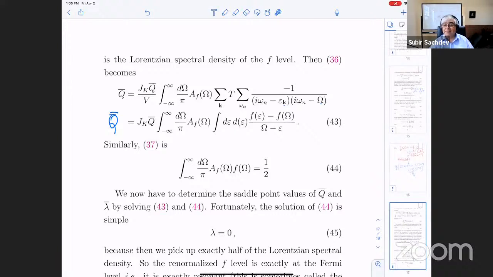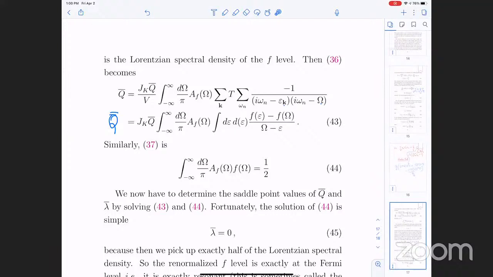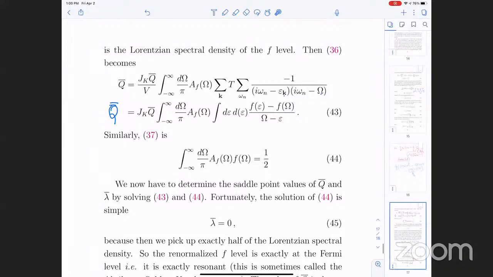Okay, Martin. Yeah, so sorry, maybe a very naive question. It seems that the self-consistency solution for lambda bar is 0, but in some sense, it looks like we kind of remove this Lagrange multiplier.